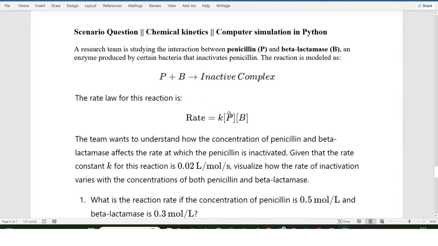So we are going to right away go to the simulation and then do the programming.